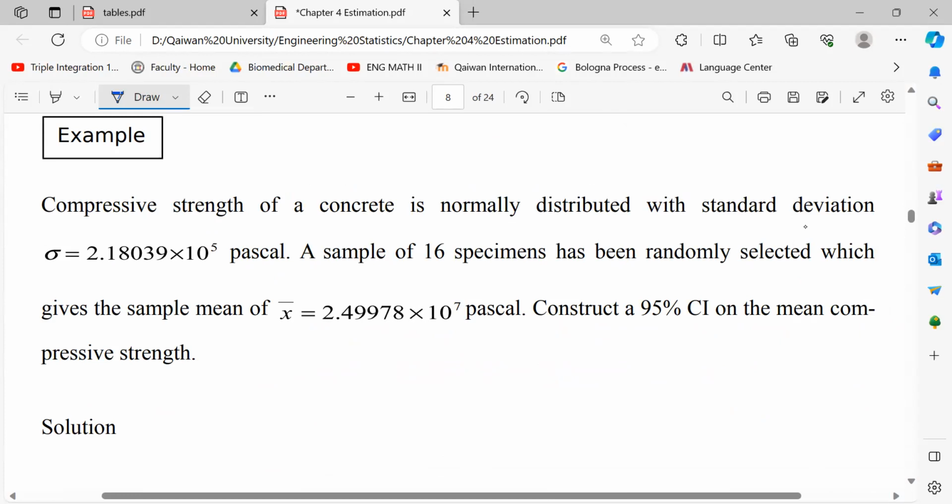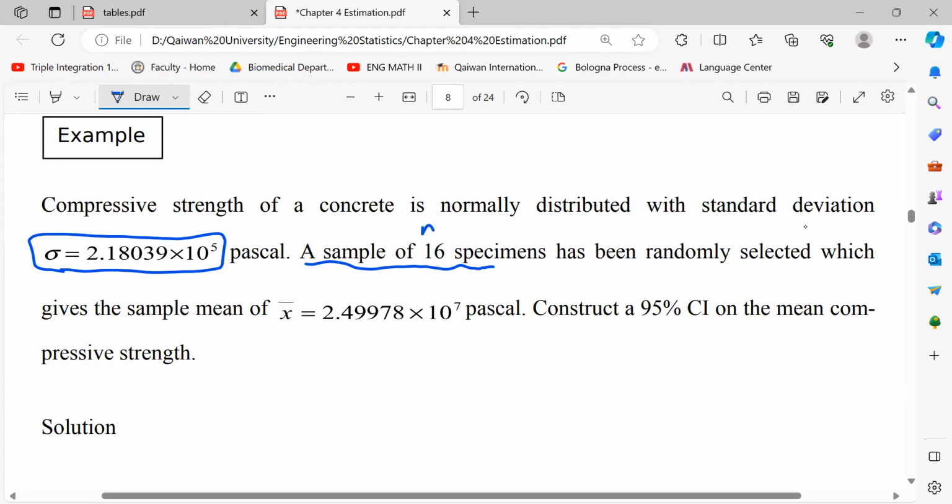It says the compressive strength of concrete is normally distributed with a standard deviation. Look, the standard deviation is given, this amount of Pascal. A sample of 16, n is 16.